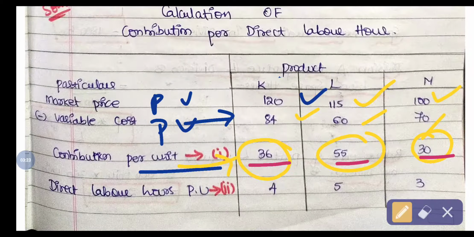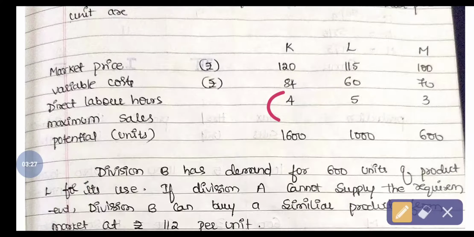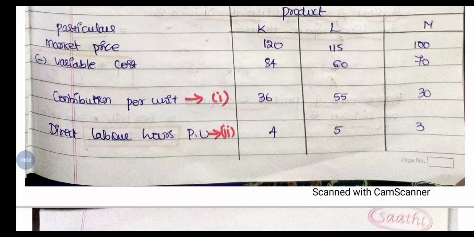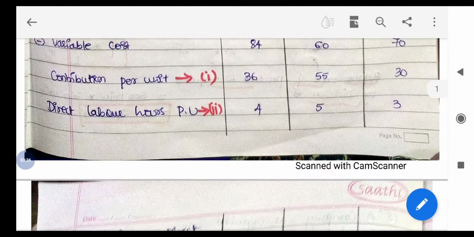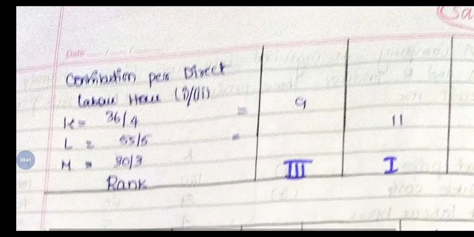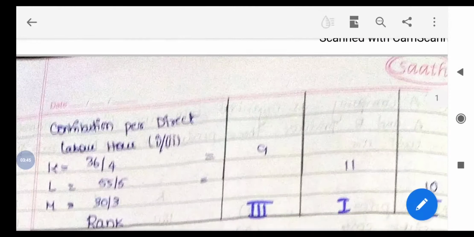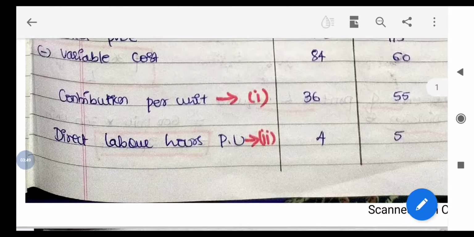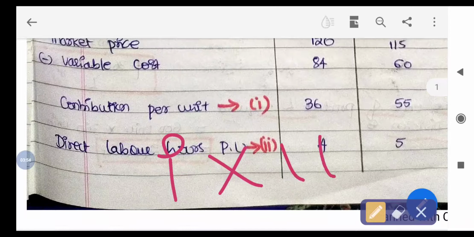Next, the direct labor hours given in the problem are 4, 5 and 3. That is already given. Next we have to calculate the contribution per direct labor hour. For this calculation, we divide the contribution by the direct labor hours, that is point number 1 by point number 2.